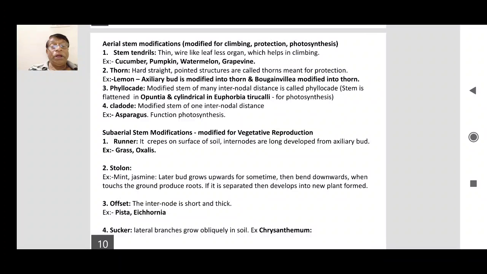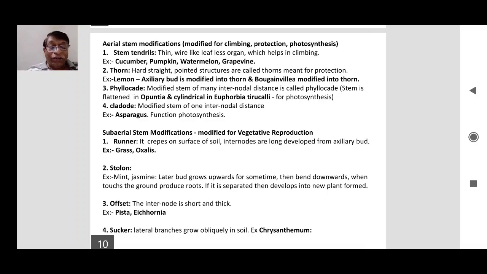Next, sucker. Example, chrysanthemum. We call it sevantige. In case of chrysanthemum, lateral branches grow vertically in the soil or obliquely in the soil.